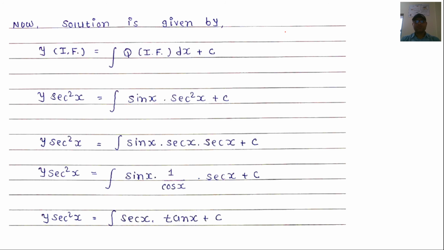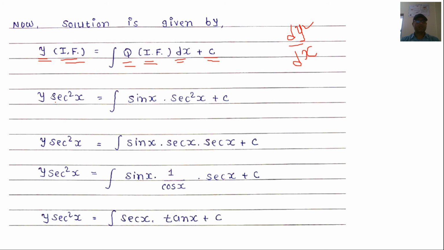Now as I have told, here the derivative is dy upon dx. So in that case, the general solution is given by y into integrating factor is equal to integration q into integrating factor, integration with respect to x, plus c.